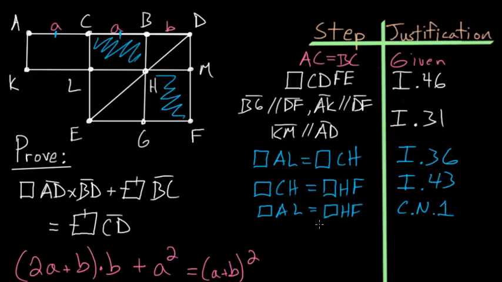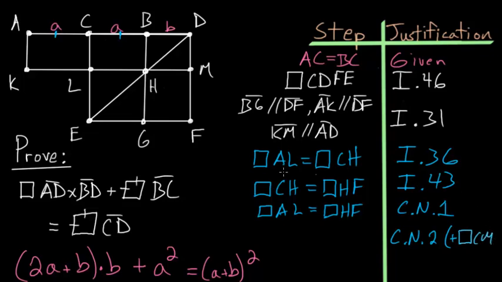And from here, with this equation, let's add. We can use common notion number 2 to add to each side of this equation the parallelogram CM. So we're adding this entire parallelogram here, which we can call CM, and on the left-hand side, we start with AL, and we're adding all of this to it. So now essentially we just have a bigger parallelogram, and we can call that parallelogram AM.